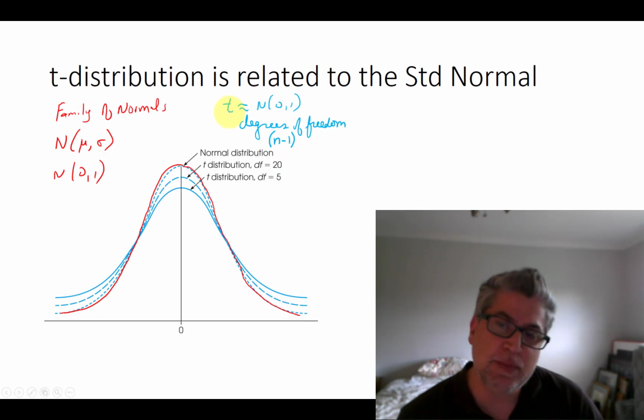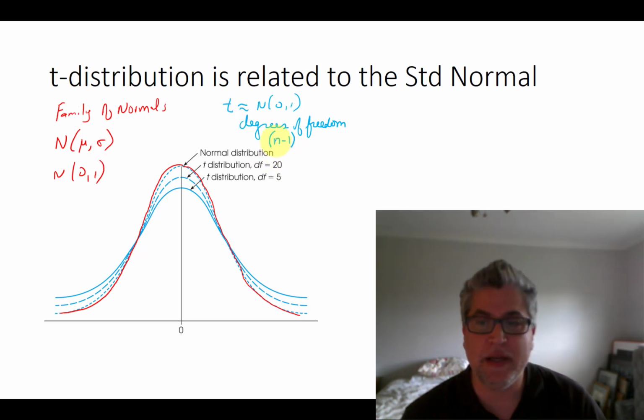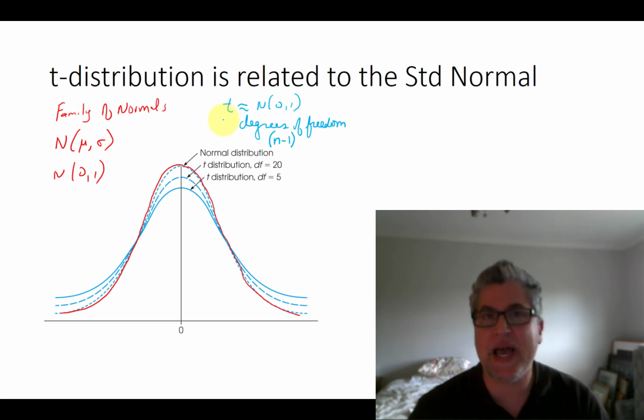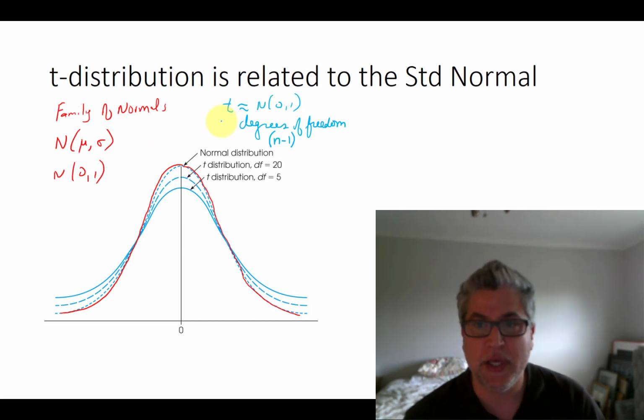So the T distribution itself is not independent of the sample size that constructs it. The normal is. The normal just is what it is, and you draw a sample from your normal, and the size of the sample doesn't change anything. The T is different. The T is designed to be a sampling distribution, and so it depends on the size of the sample in this particular n minus 1 way.